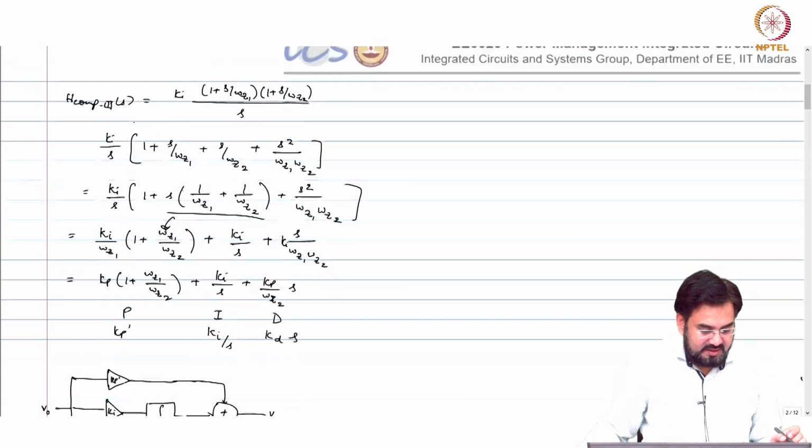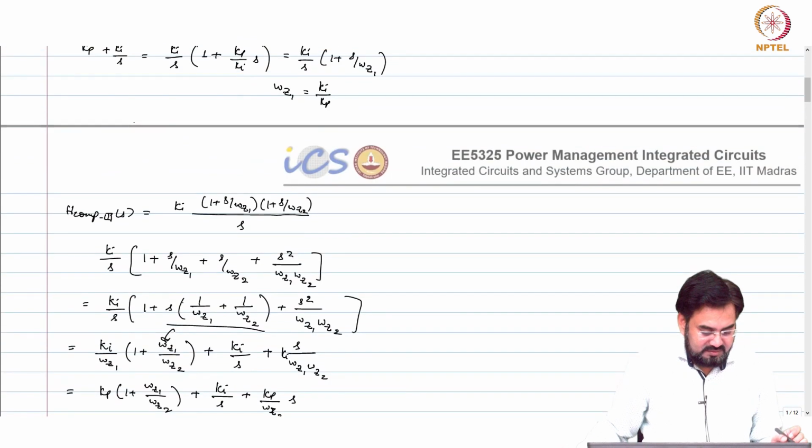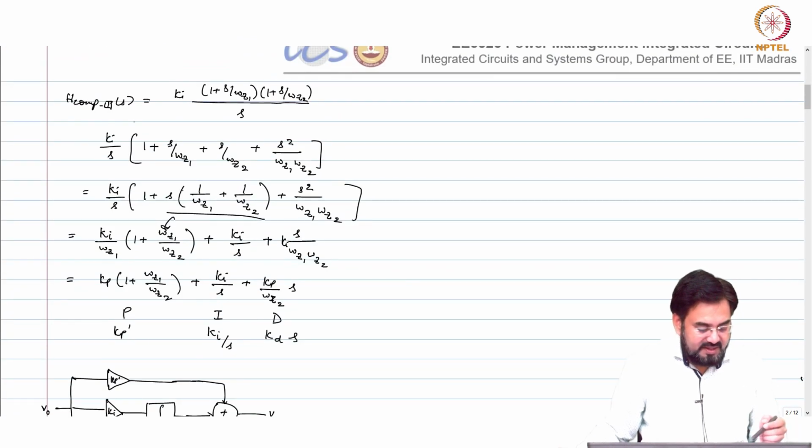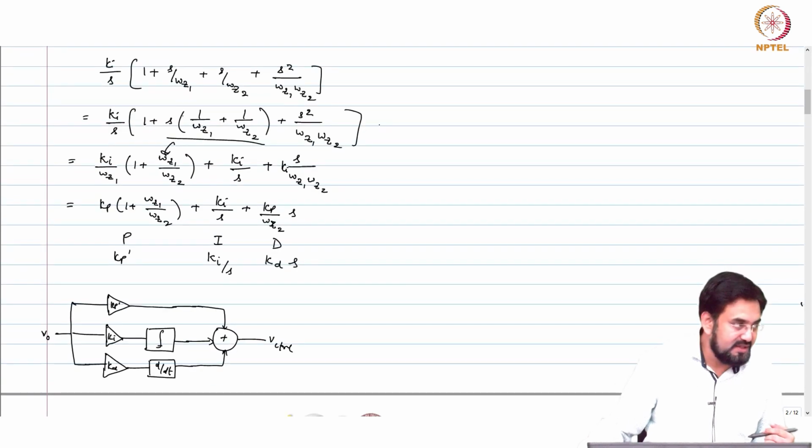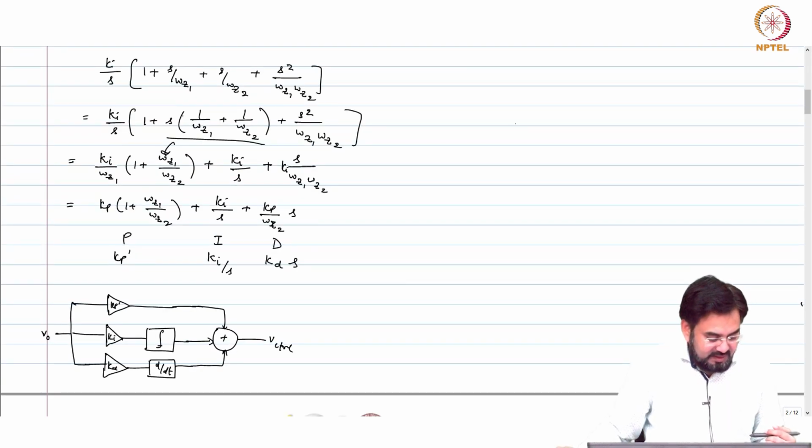And the same can be simplified and we can break it into 3 different components: proportional, integral and derivative, and that is why it is called PID or proportional, integral and derivative compensator. And you can implement that by having all 3 coefficients separately, by having an amplifier which will give you the proportional gain, then an integrator which will give you the Ki coefficient, and a differentiator for Kd.